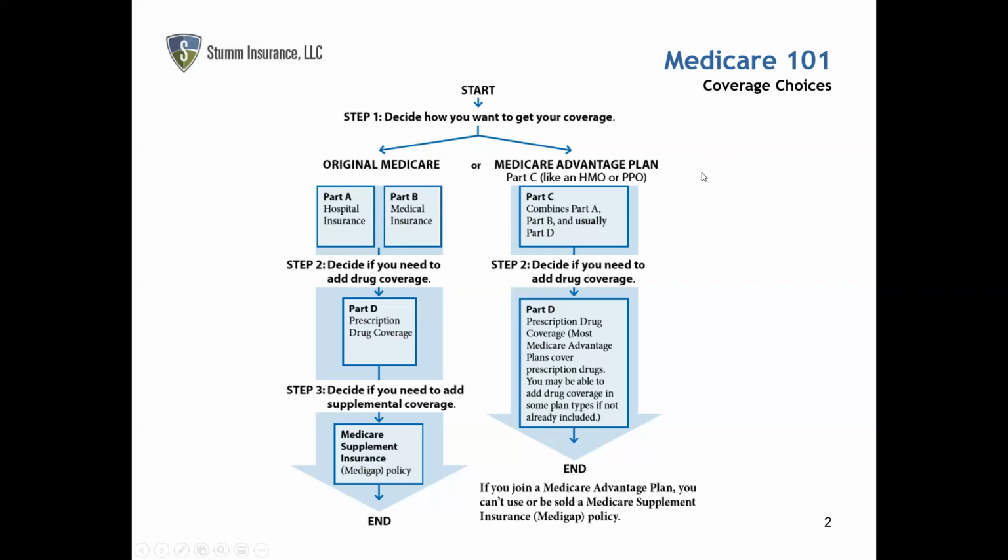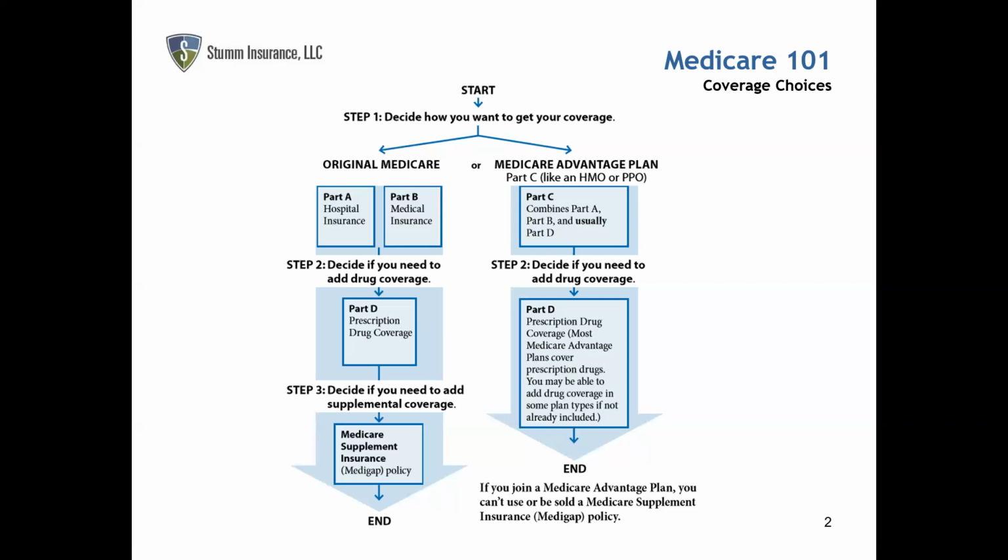You're done. On the Medicare Advantage, although you have that red, white, and blue card, when you sign up for a Medicare Advantage Part C plan, you're signing up through an insurance carrier and they're running all the claims. They have to follow the Medicare general guidelines, but they can decide what the cost sharing is going to be.